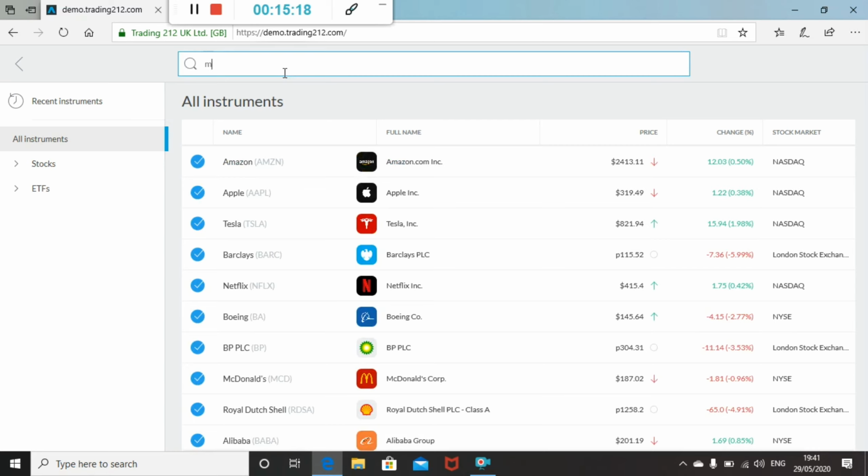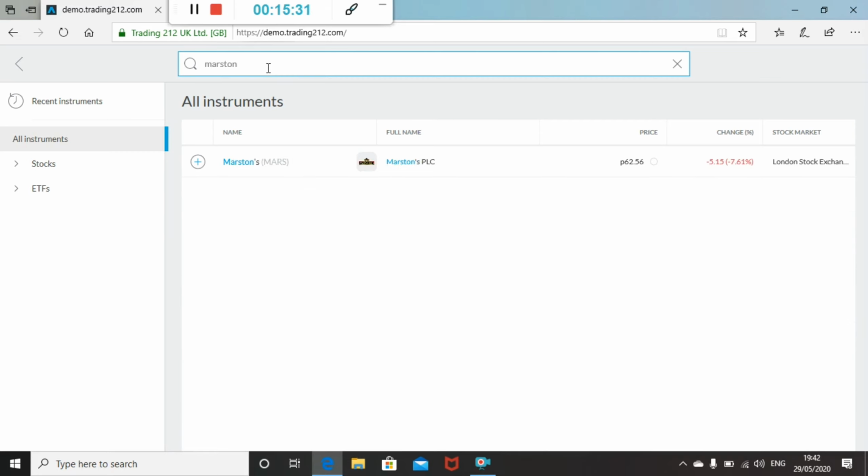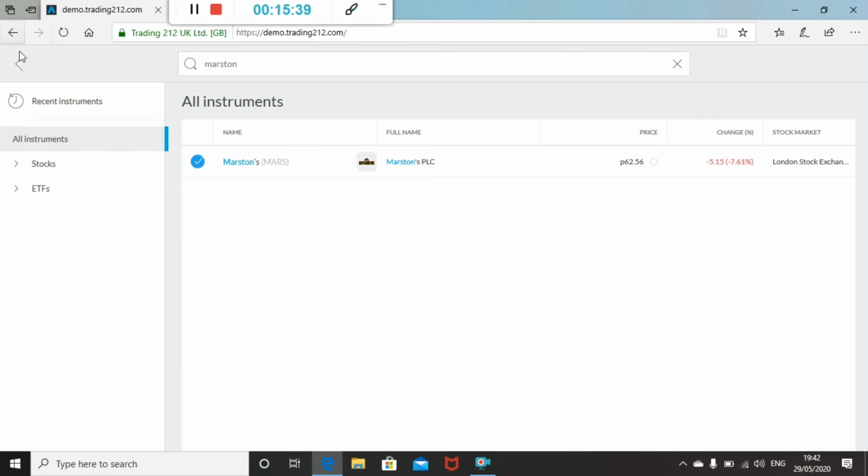And I also mentioned Marston's Brewery, so let's have a search for them. Again, click on the plus sign, add to the Trader UK watch list.